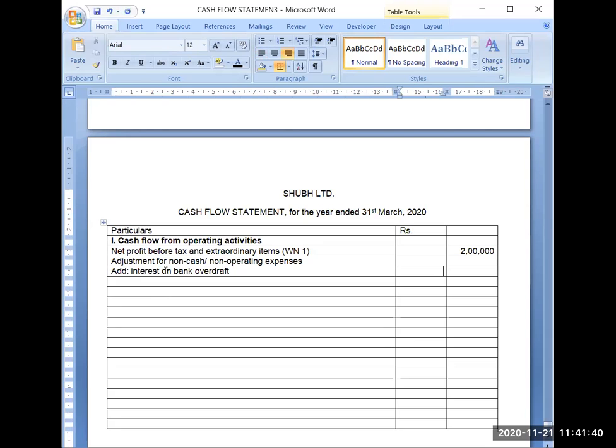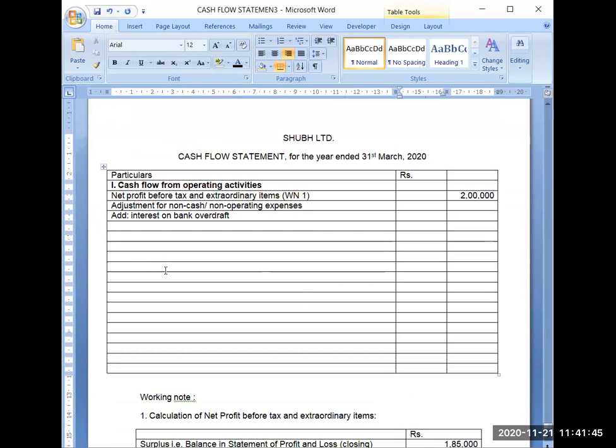So that interest is 4,000. I should write this amount here because the last column will be only for final amounts. 4,000. And the total will become 2,04,000.